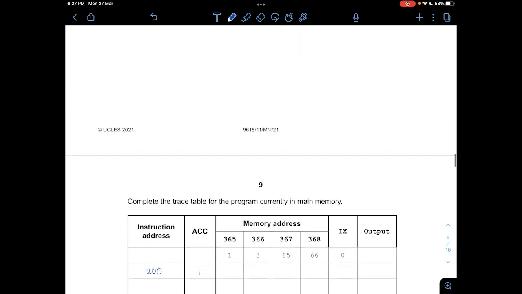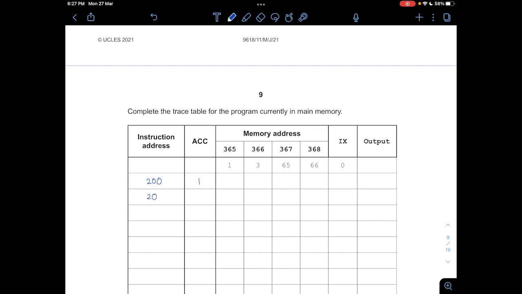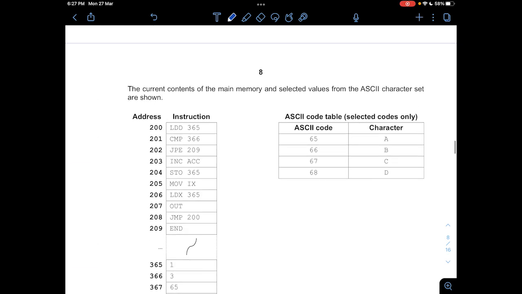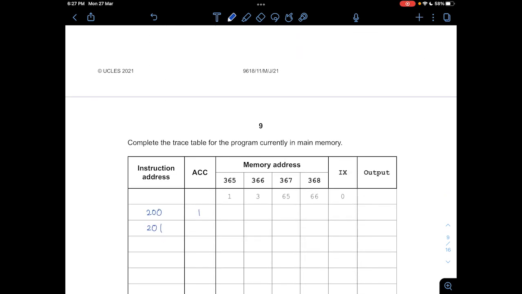which is 201. Now 201 wants us to compare 366. So compare 366 with your accumulator. So 366 is 3 and 365 is 1. So when you compare, you don't have to write anything here because you're just comparing. So we can move on directly to the next instruction address.